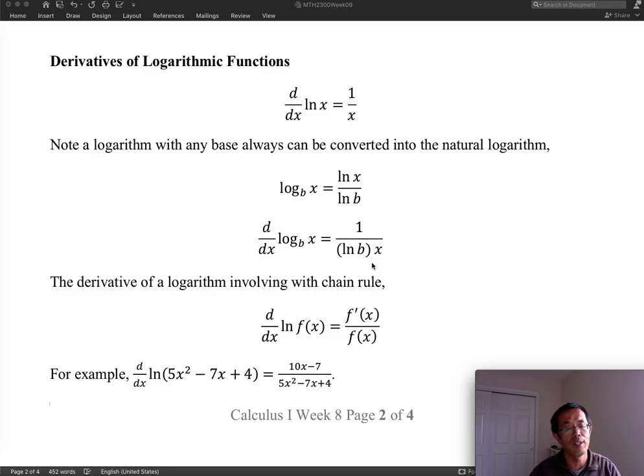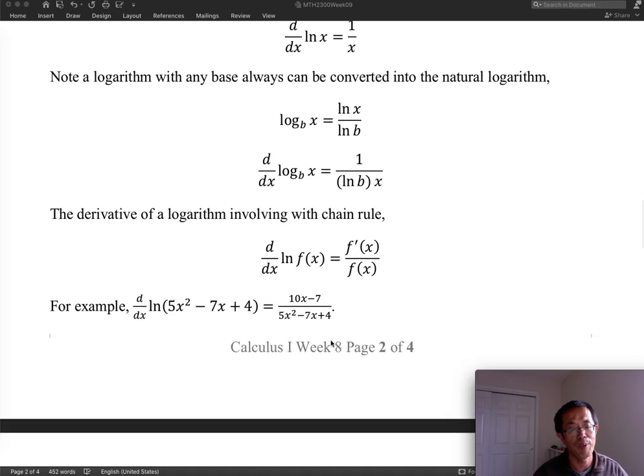Specifically, I have the simple rule combined with the chain rule: the derivative of ln of a function f is f prime over f. For example, consider the derivative of ln of 5x squared minus 7x plus 4.